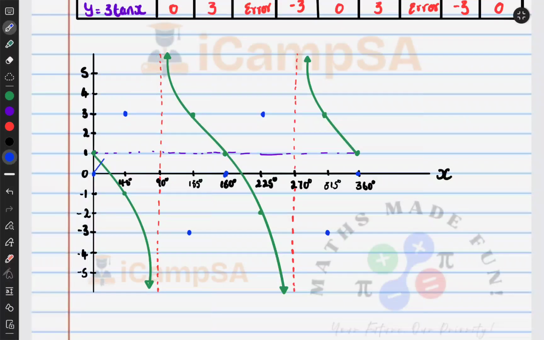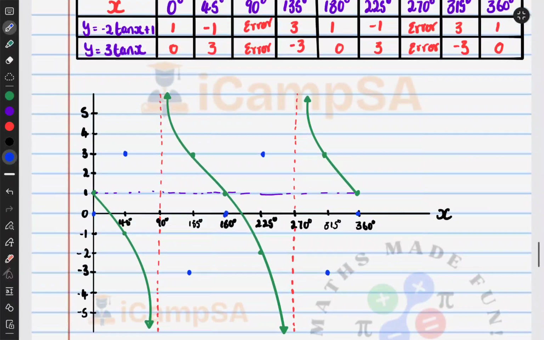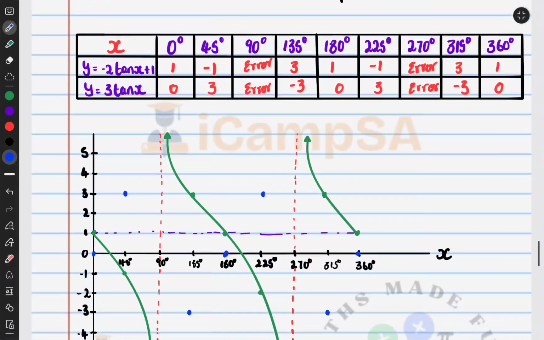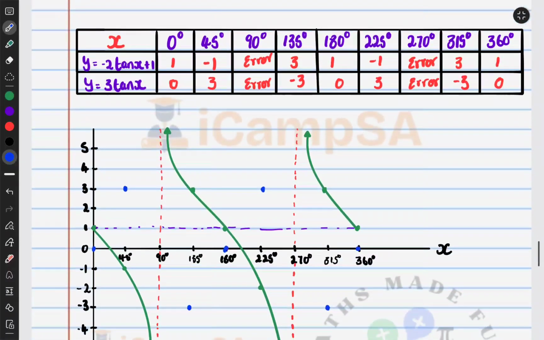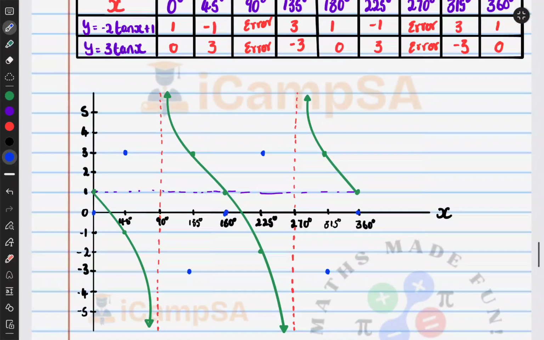Sometimes it looks like a straight line now. What are we going to do with this one? It looks like a straight line. That's the thing about sketching these functions on the same set of axes.